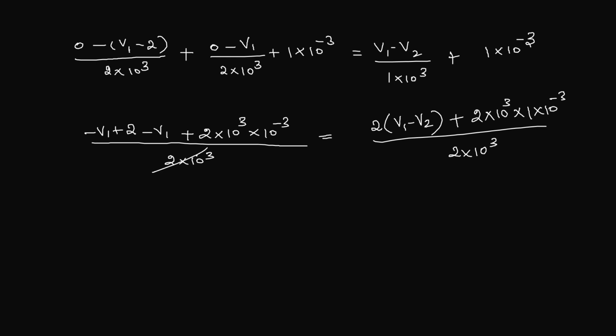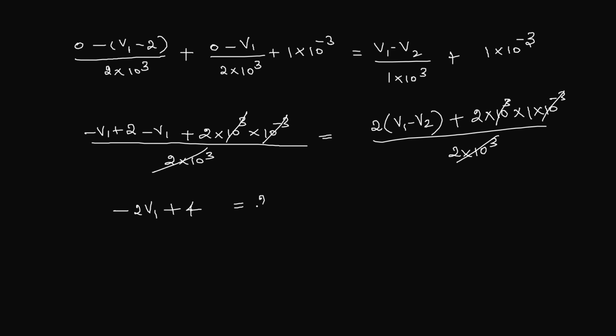We can cancel the common terms, so we have minus 2V1 plus 4 equals 2V1 minus 2V2 plus 2.